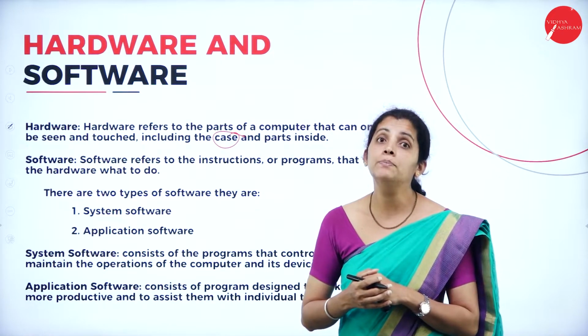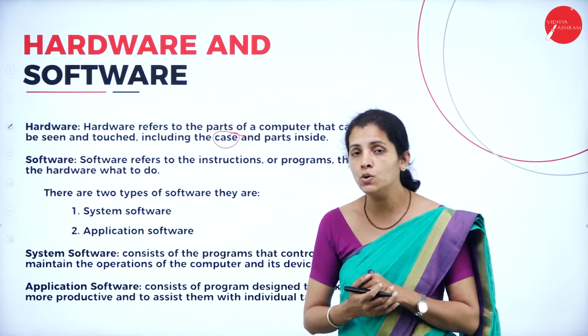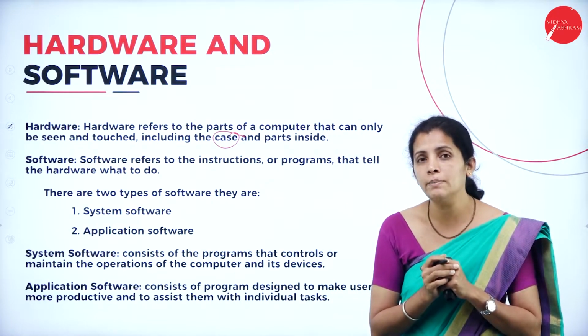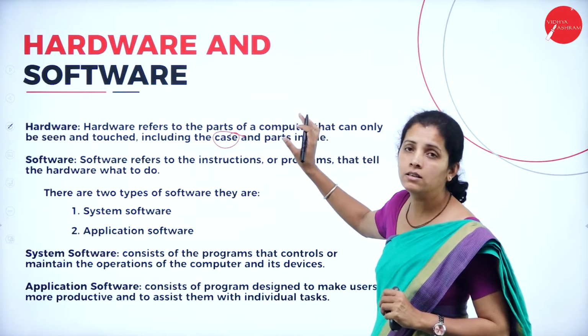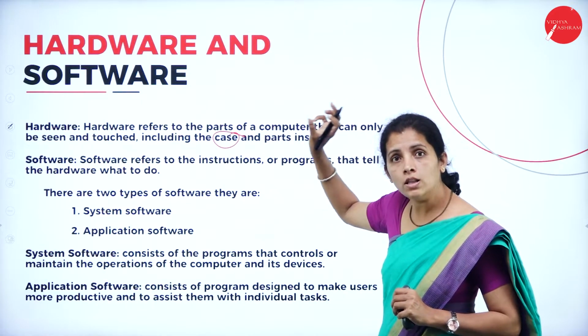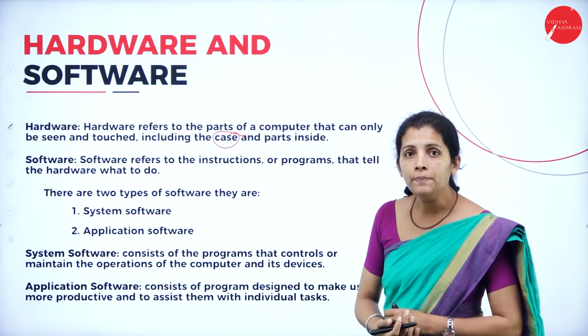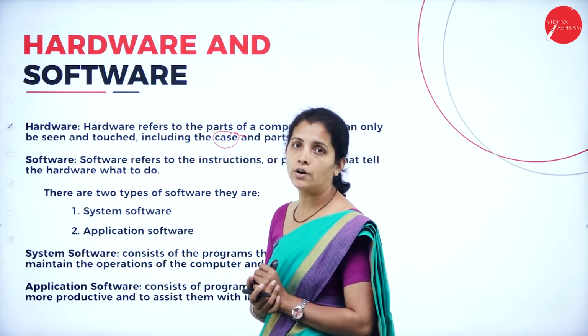That is nothing but the processor. So processors are nothing but the CPU, and whatever black color box I'm going to get, that's nothing but the case or cabinet. And all the devices which come inside the cabinet are also examples for hardware.